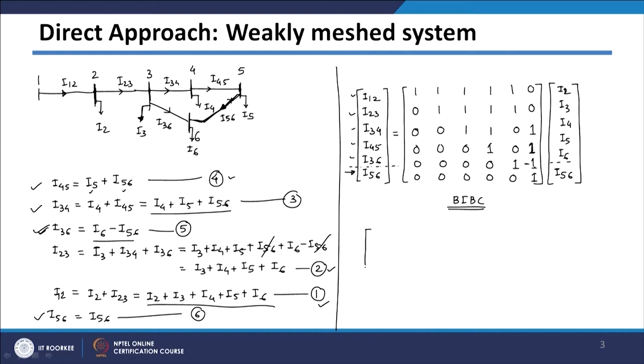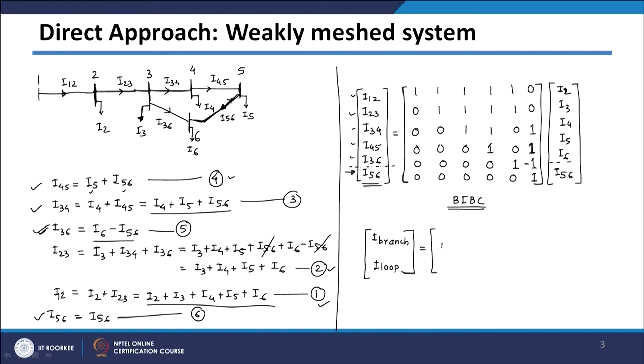So I can write the branch currents, and then the loop current. The loop current is only this I56. If there are 2 loops, there will be 2 entries in I loop. If there are n or L loops, there will be n entries in I loop.